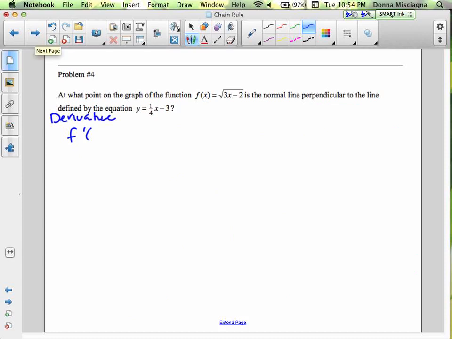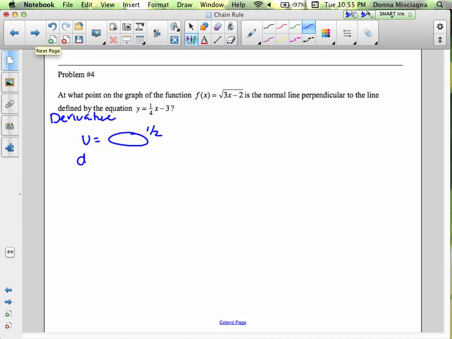F prime of, so we're going to have the outside and the inside, right? So the outside is going to be u, right? So u equals blop to the 1/2 power, right? Because this is a chain rule again.